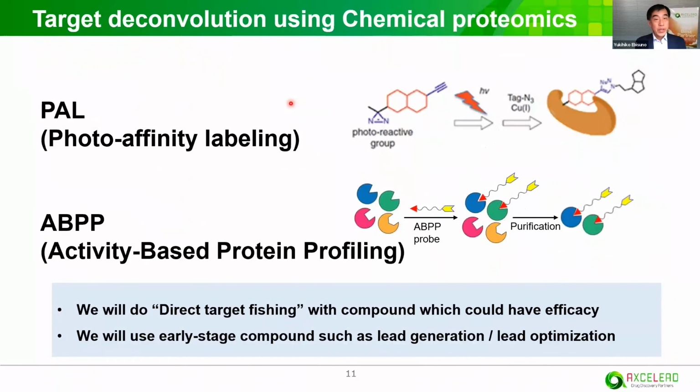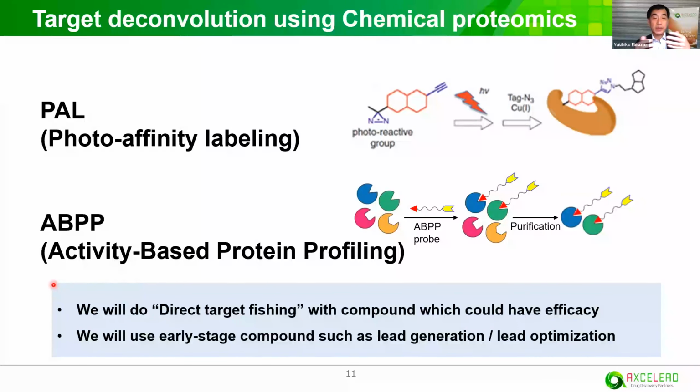Another approach is the chemical proteomics approach. We have two methods. One is PAL, photo affinity labeling. Another one is ABPP, activity-based protein profiling. That one is very powerful because we can do direct target fishing.